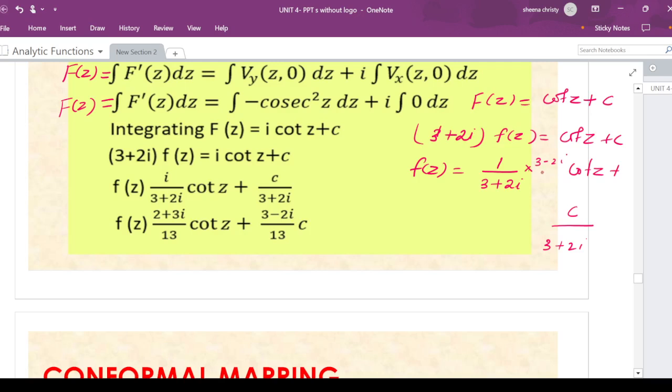So you are going to have 3 minus 2i in the numerator and denominator.